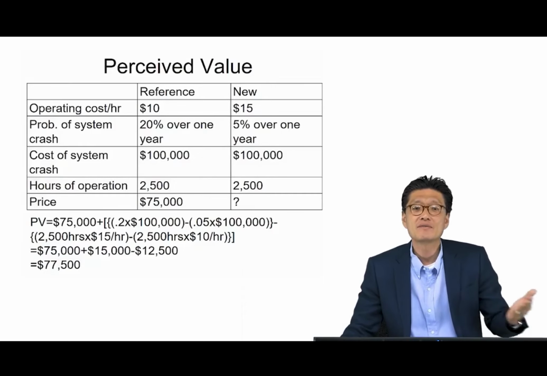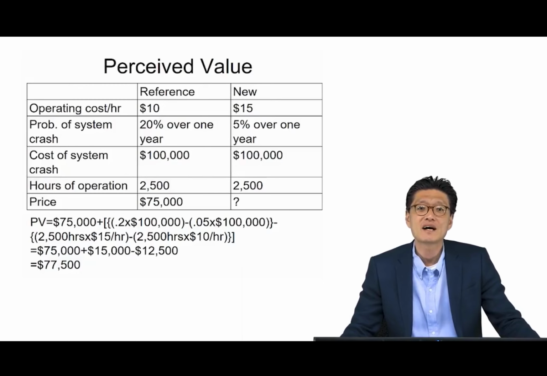If you take away 12,500 from 15,000, that gives you 2,500. And if you add that to the 75,000, the price you end up with is 77,500. So, from 81,500 to 77,500.